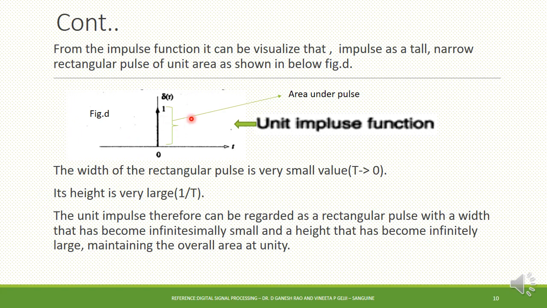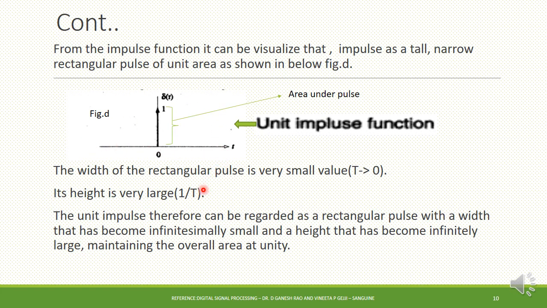So we can say that it is a rectangular pulse. It looks like a narrow and tall pulse, and its area is 1 unit. This is the figure for the unit impulse function.